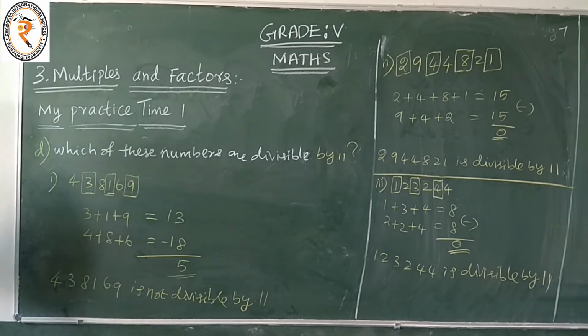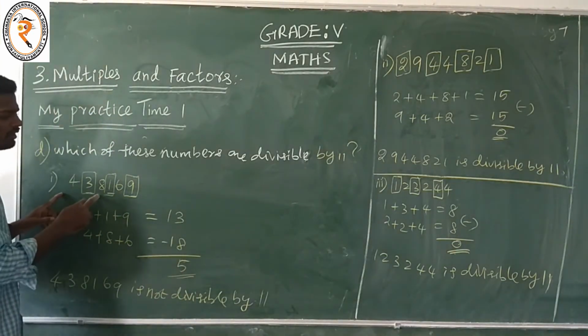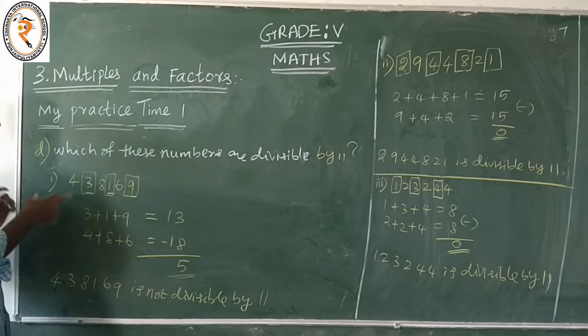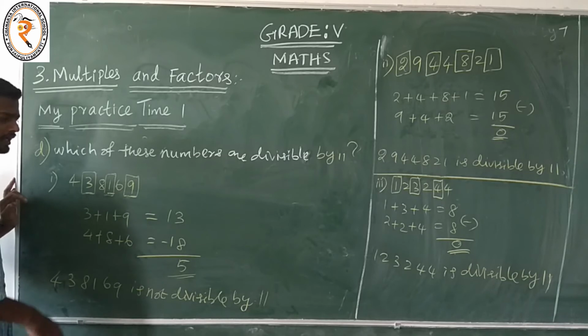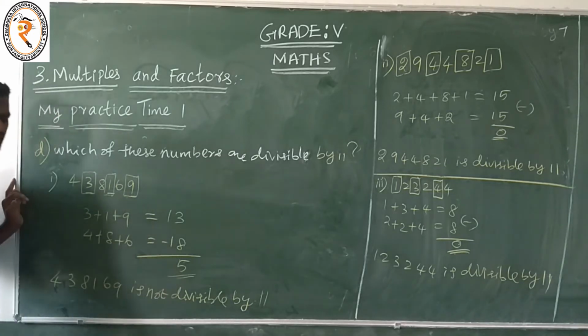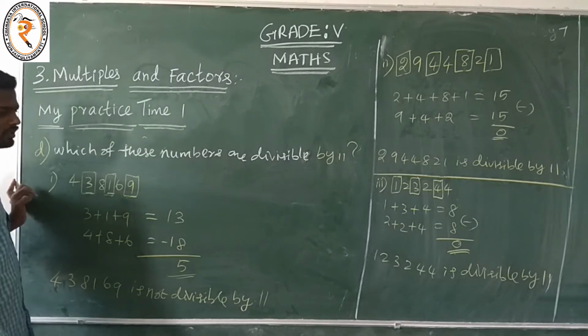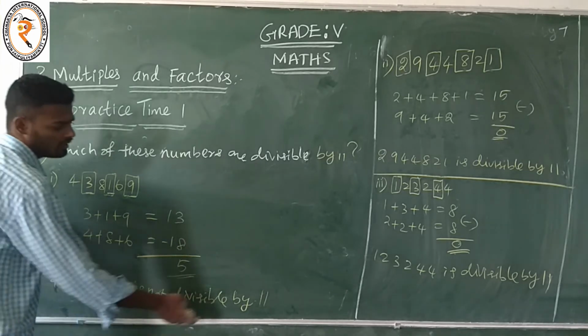The rule of divisibility by 11: add the sum of the odd digit numbers, add the sum of the even digit numbers, then subtract the two sums. If the answer is 0 or a multiple of 11, then the number is divisible by 11.